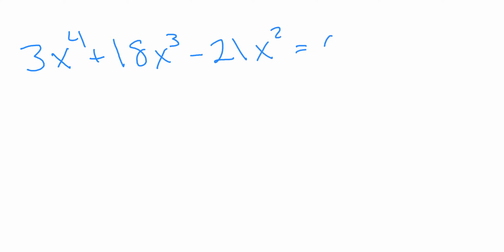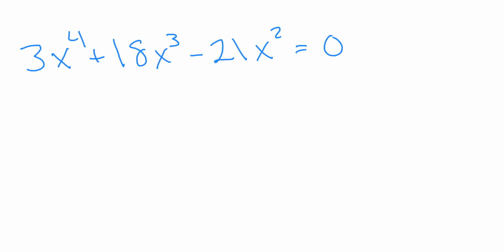And that is going to be 3x to the 4th plus 18x to the 3rd minus 21x squared equals 0. Again, we have 3 terms, but this is not going to be quadratic-like because we've got a 4th degree, a 3rd degree, and a 2nd degree. So our substitution is never going to get us to look like a quadratic.